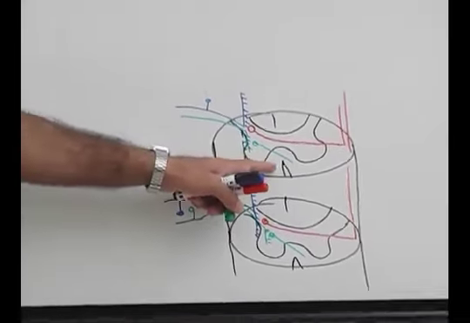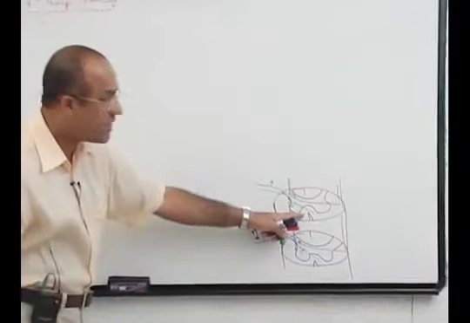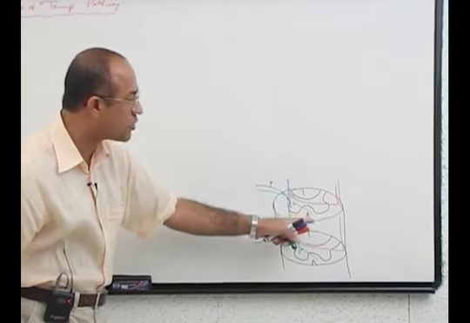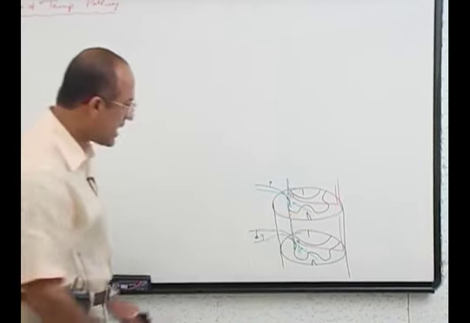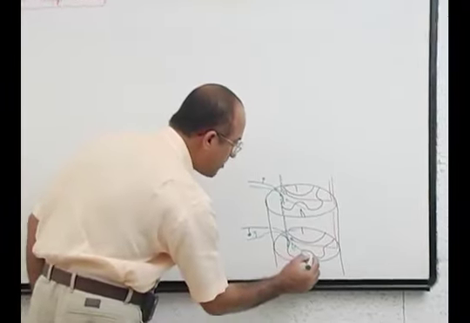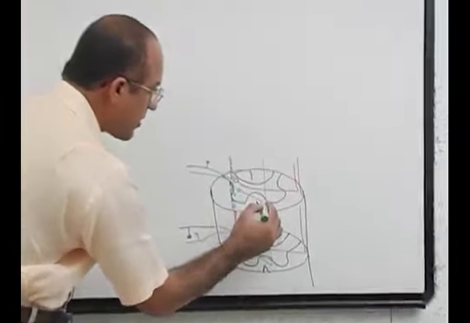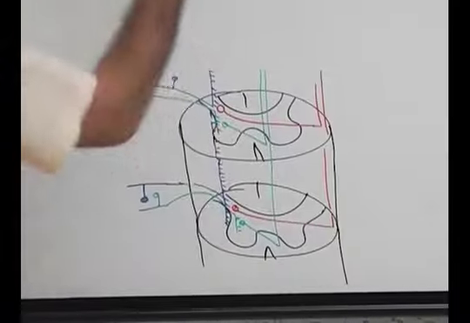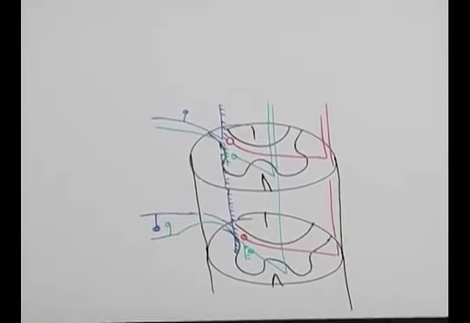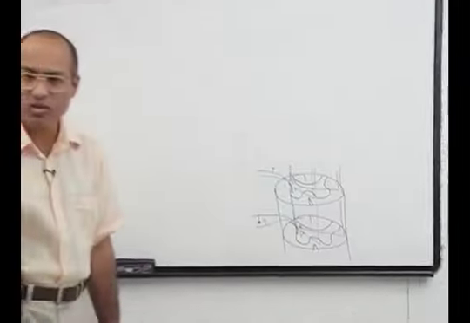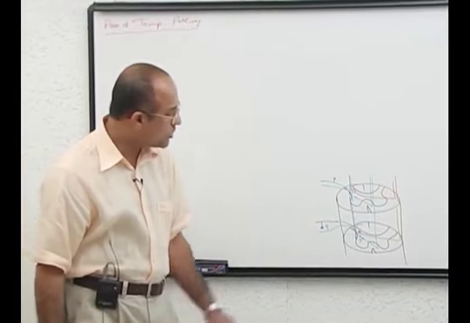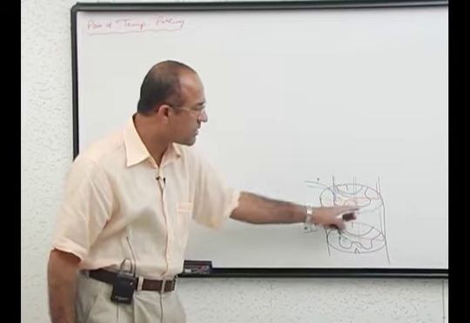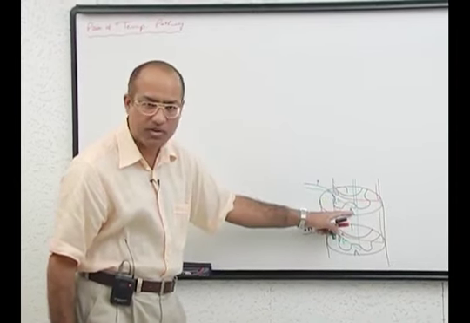But these fibers which are the crude touch pathway, they don't go to the lateral side, they go to which white column? Anterior white column. Is that right? And this pathway which is going up through this area is the anterior spinothalamic tract. What is this? Anterior spinothalamic tract. Now you know there is lateral spinothalamic tract and there is anterior spinothalamic tract.